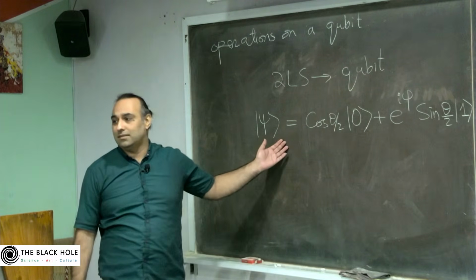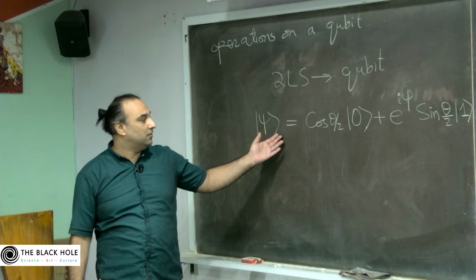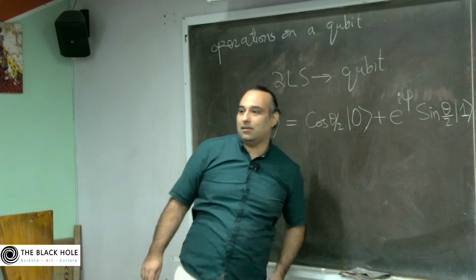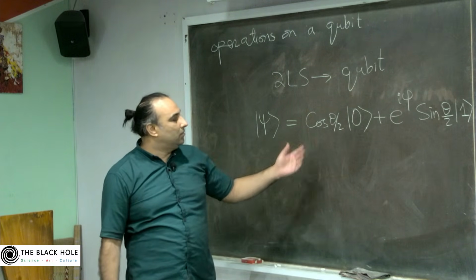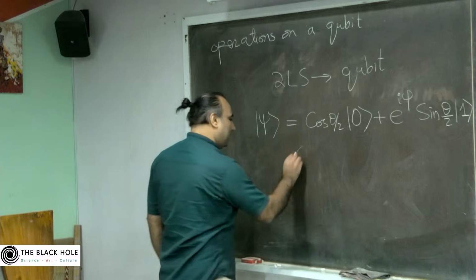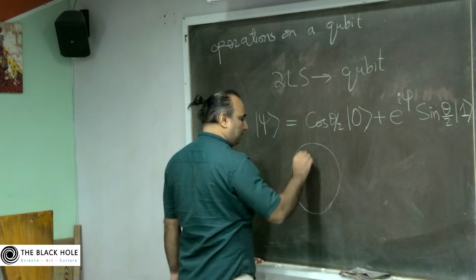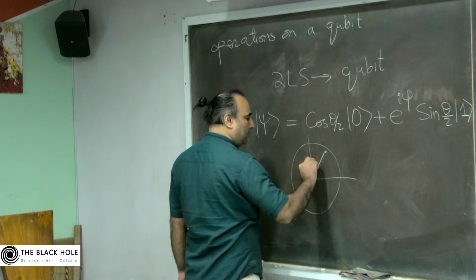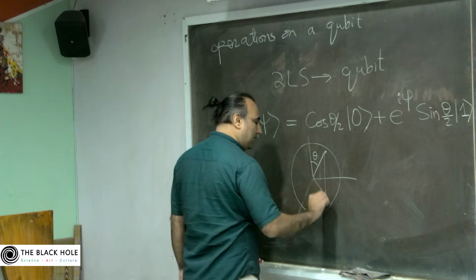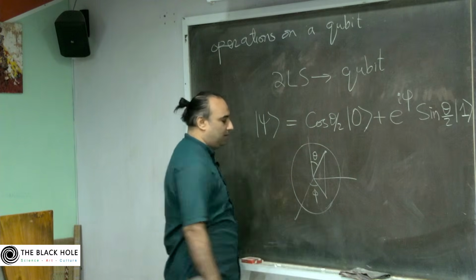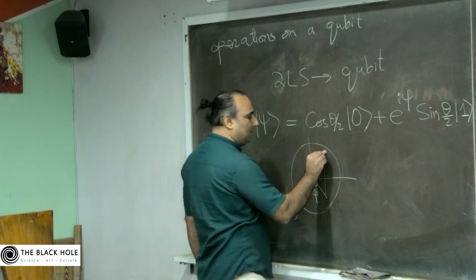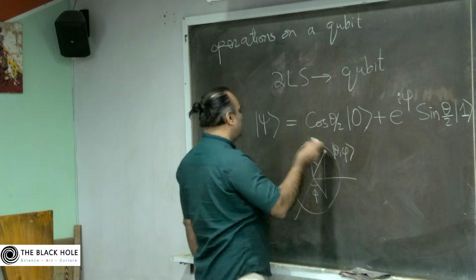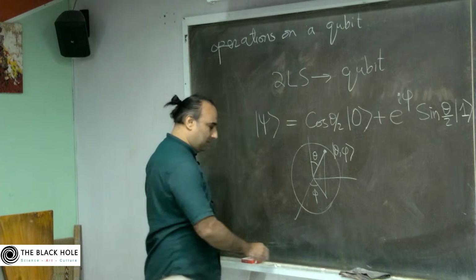This is the state for a 2-level system or qubit. This 0 and 1 are our basis states. On the Bloch sphere we can represent that as a state with spherical coordinates theta and phi. So this point on the sphere, with theta and phi, is this state psi.